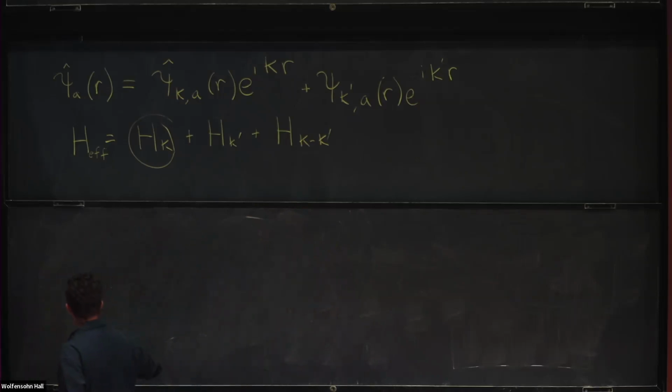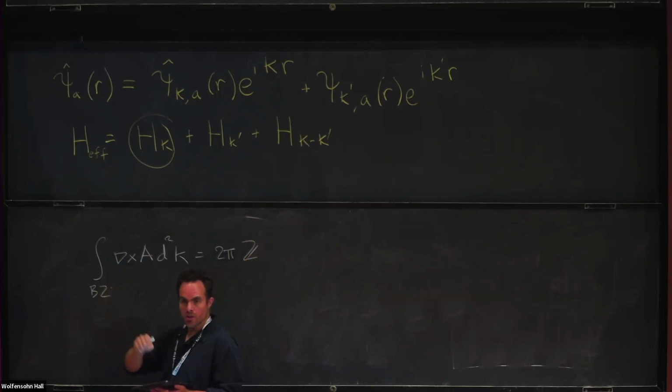Yeah, that's correct. I mean, in general we know the integral of the curl of A, d squared k, over the Brillouin zone is equal to 2 pi times an integer. And in a moiré system, the Brillouin zone is really tiny.